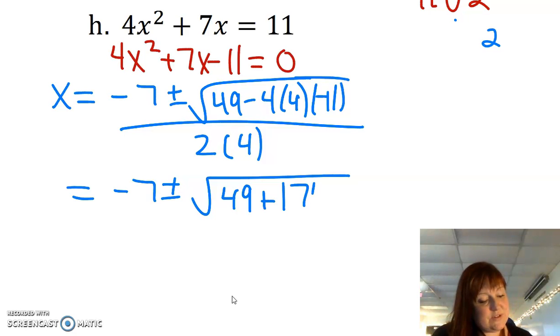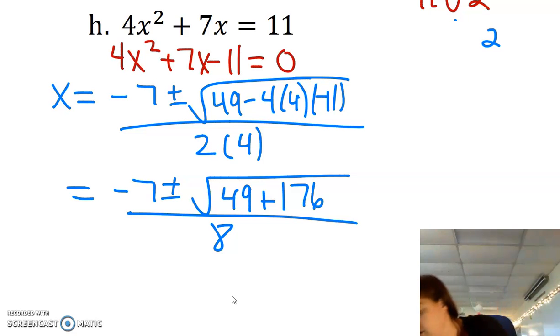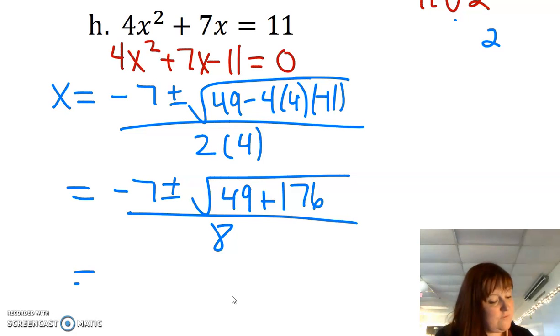So it's plus 176 because I have a negative 11 times a negative 4. And then all over 2a. And 176 plus 49 is 225. Negative 7 plus or minus the square root of 225 over 8.